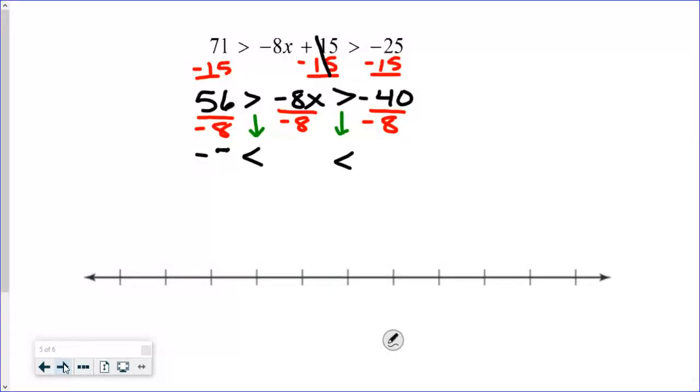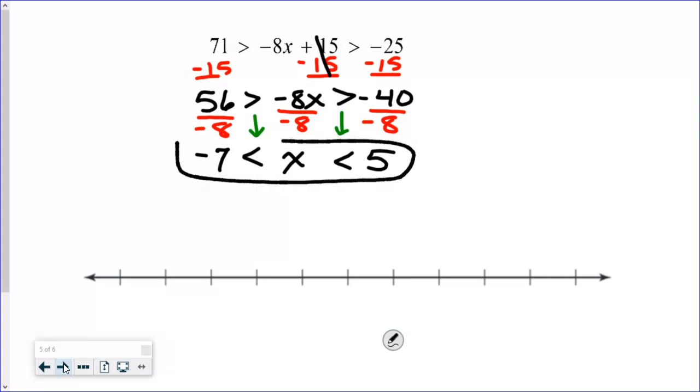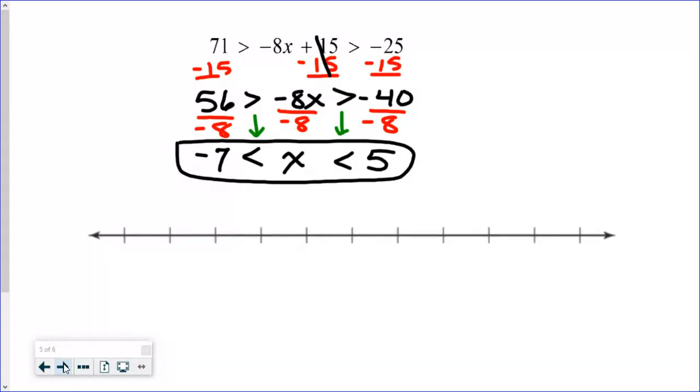Now I have a -7, an x, and a +5. Now, again, that works out because if you look at the solution, my alligators, my inequality symbols, are eating towards the right. So I know it's a tweener. It's a between. So we have -7 here and 5 here. I'm just going to put them far apart because there's no way there's going to be enough distance.